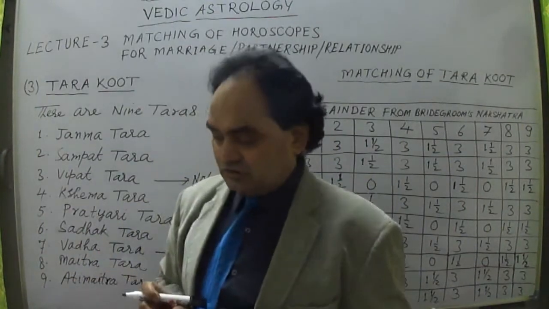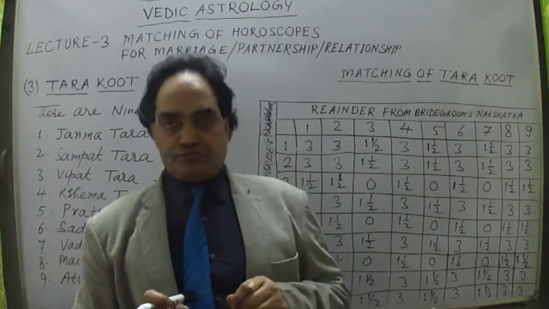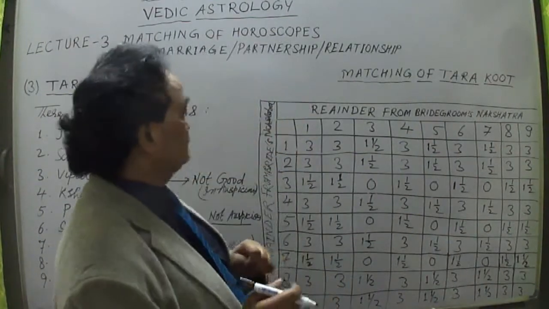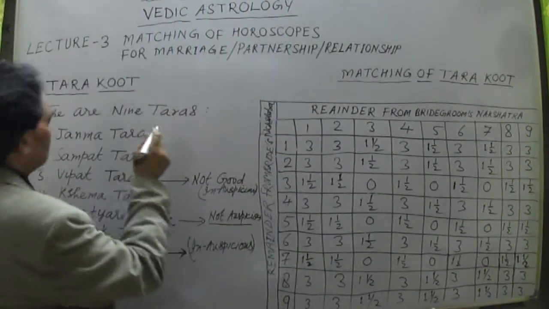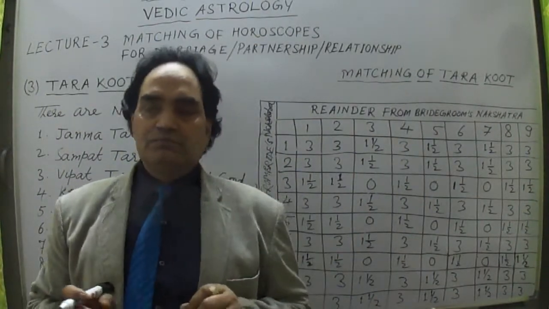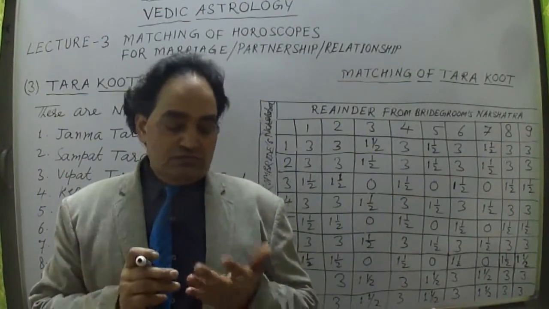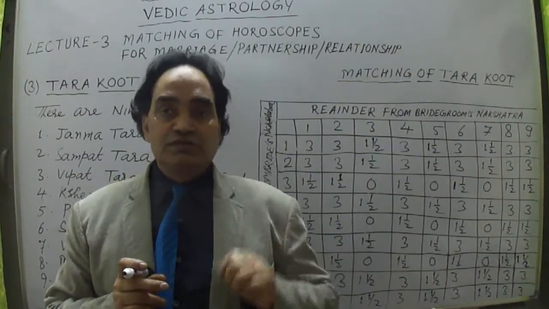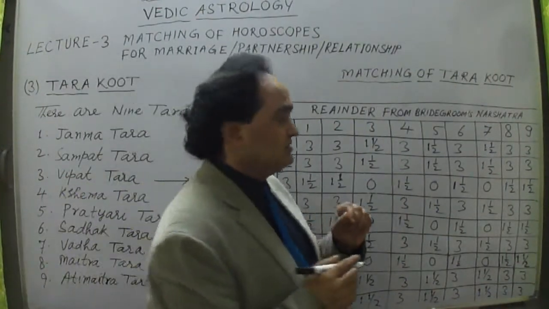So now what is the process? Let me take one example here. Suppose I have taken any nakshatra, for example the bride's nakshatra.